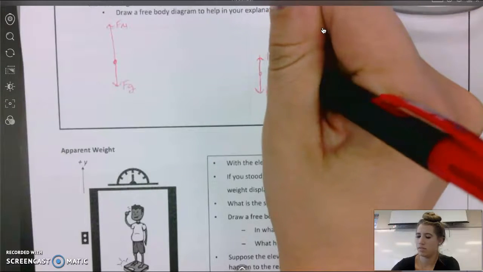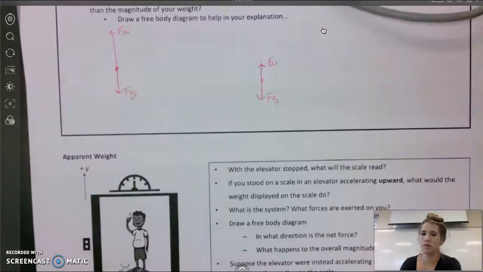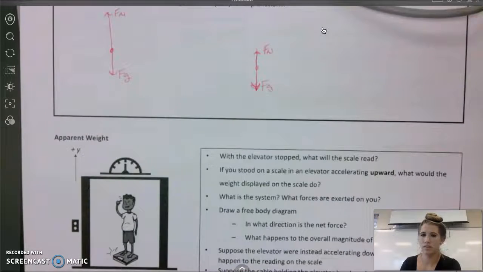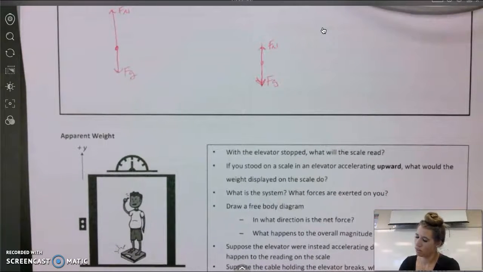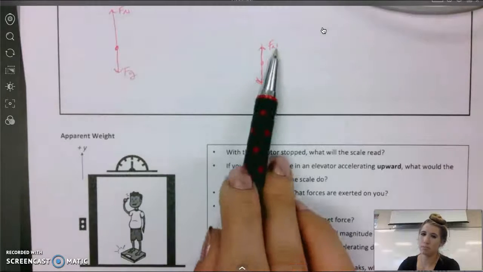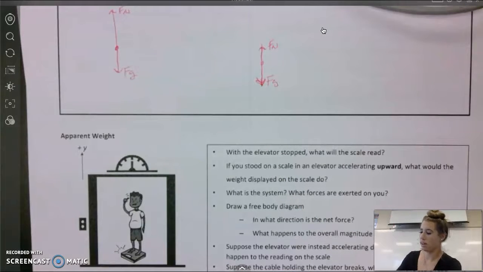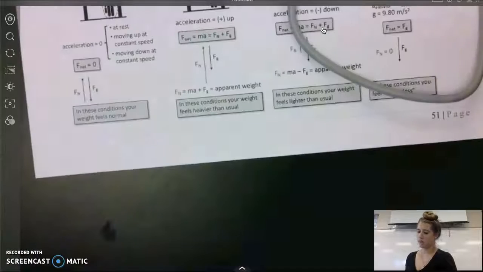And so now this normal force, or the spring force, is actually less than our force due to gravity. And so what would happen to that reading? Well, now it's smaller than our force due to gravity, so the scale is actually reading a value that is less than the actual mass of the object.